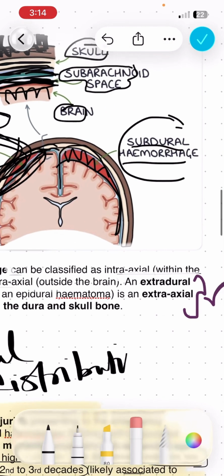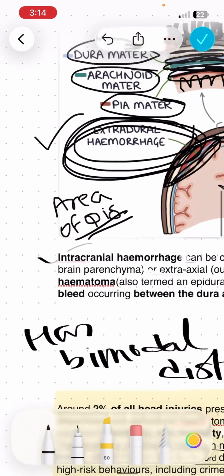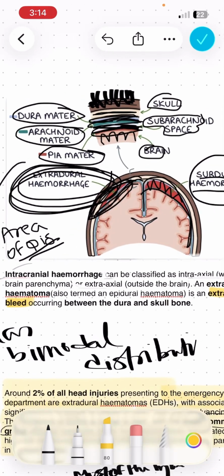So what do you think extradural hematoma is? Obviously it is extra-axial, right? Because it is occurring outside the brain. So this is an extra-axial bleed, or hematoma, occurring between the dura and the skull bone, as I have mentioned. This is our topic of discussion today.